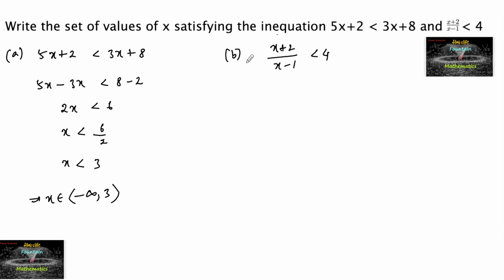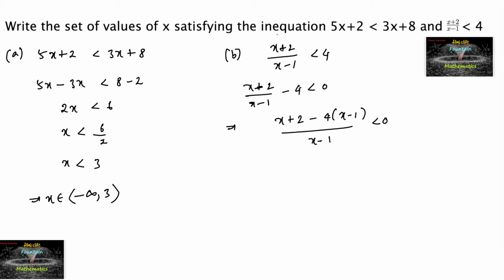the first part. And coming to the second part, x plus 2 upon x minus 1 is less than 4. So we can write here as x plus 2 upon x minus 1 minus 4 is less than 0. So let's not do cross multiplication. So taking LCM here, x plus 2 minus 4 times of x minus 1 upon x minus 1 is less than 0.